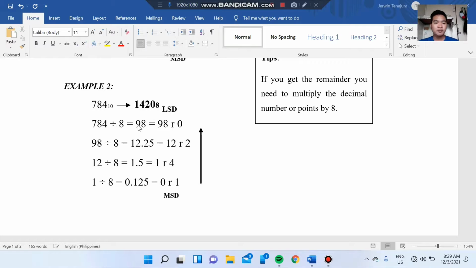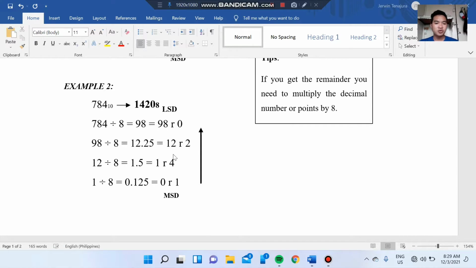The result will be 98. Since 98 is a perfect number, the remainder will automatically be 0. So we need to put here the 98 and the remainder 0. The next step is we need to bring down here the 98 and divide by 8. The result would be 12.25.